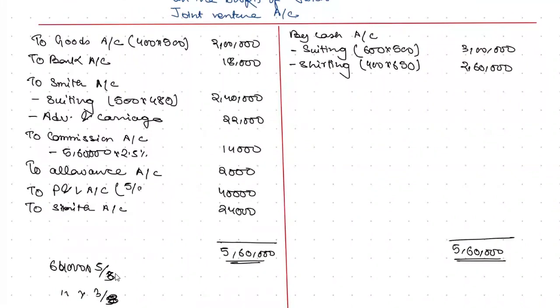Write it as 5/8 and 3/8. Correct? So we are done with the joint venture account.